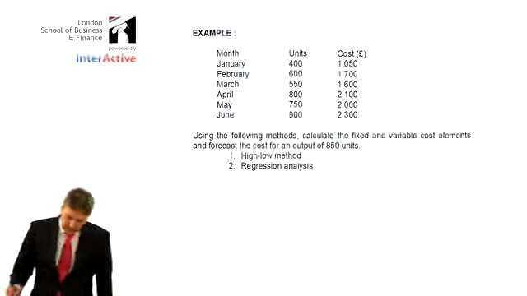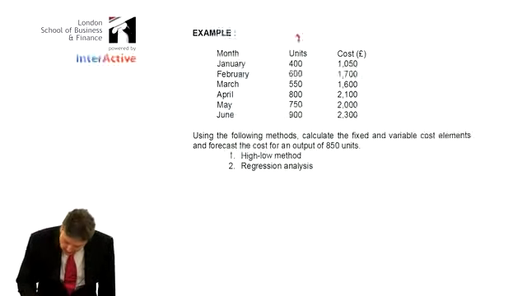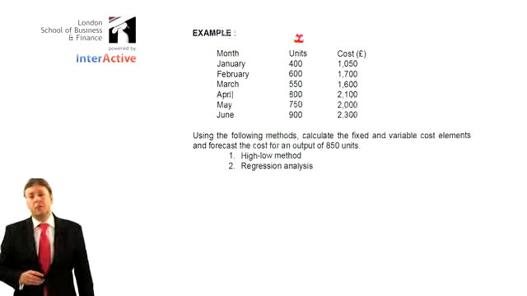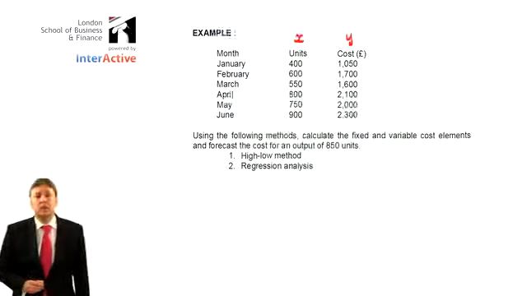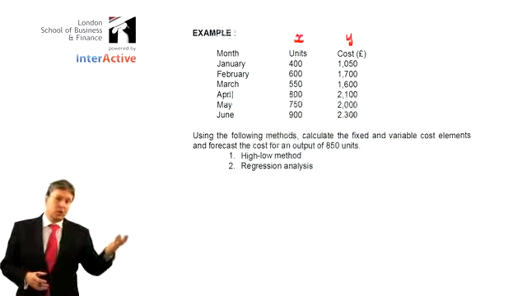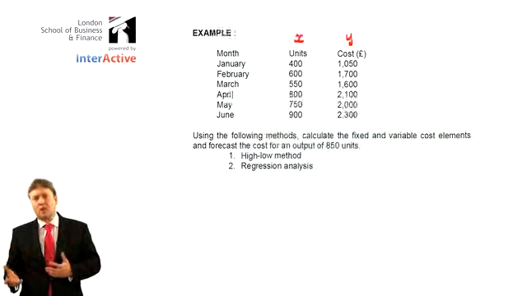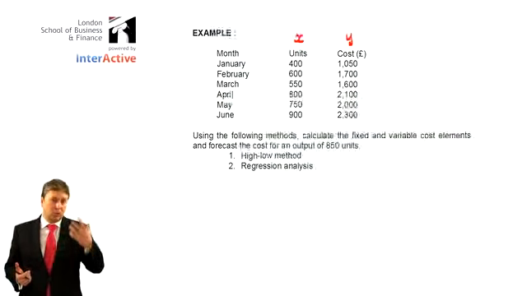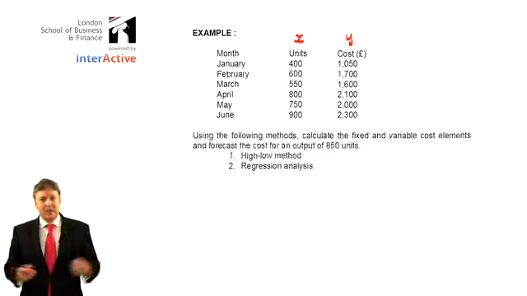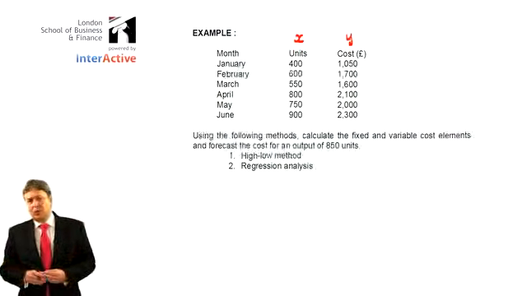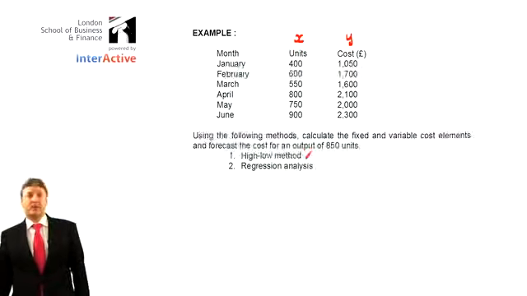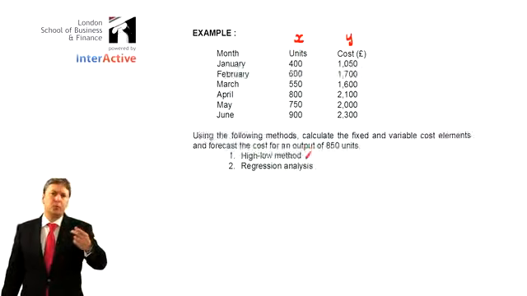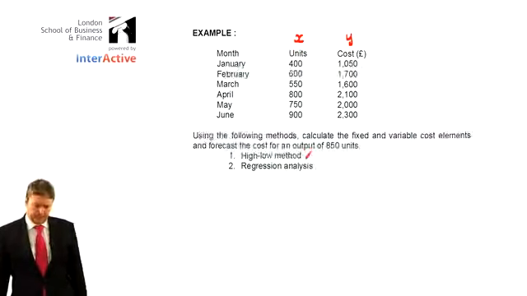Now when we look at these, I'm looking at the units to be our x value, the independent variable, and the cost to be our y value. My suggestion is that cost changes with the number of units rather than the units changing with the value of cost. That being the case, I'll tell you what we could do. First of all, we could just consider how the high-low method works with this, just to reinforce what we did a little while back.